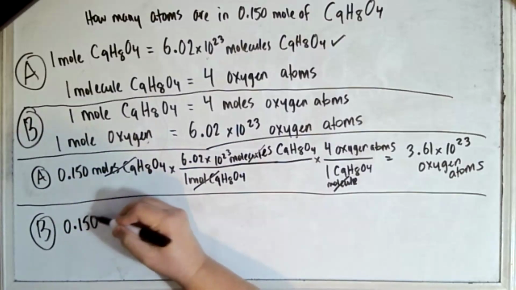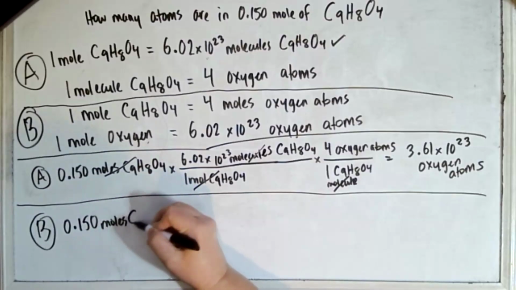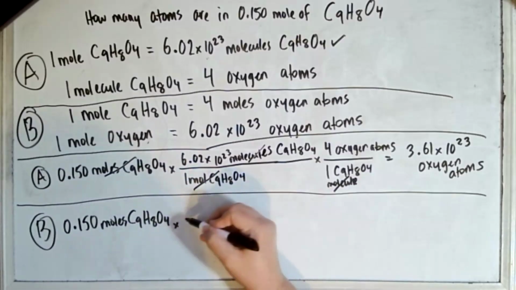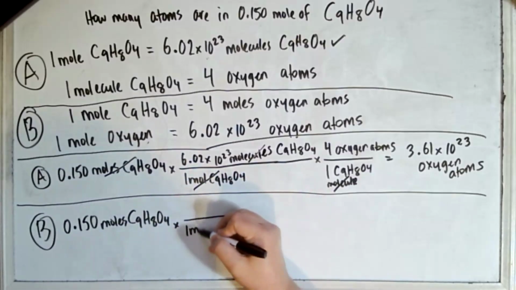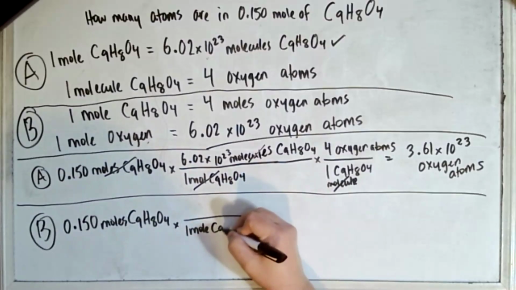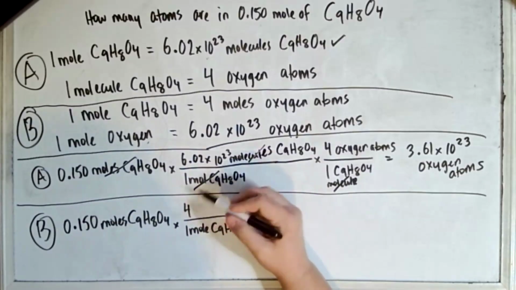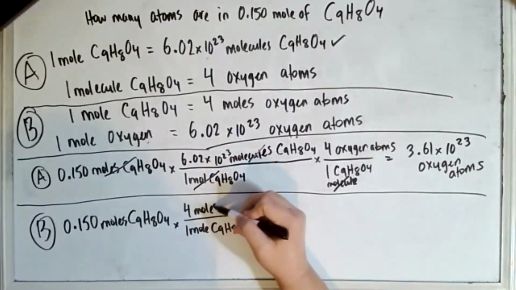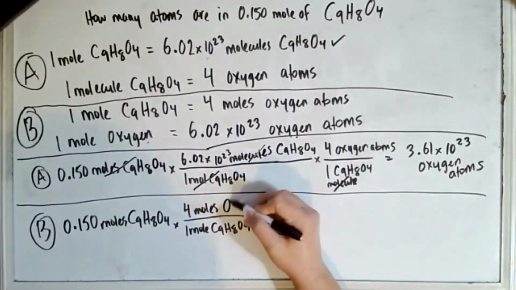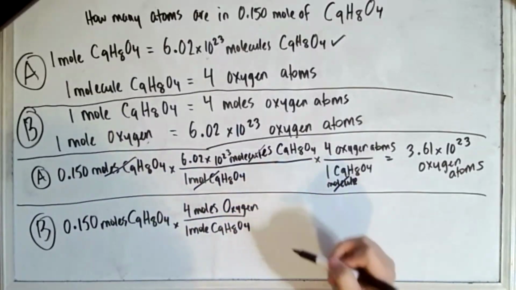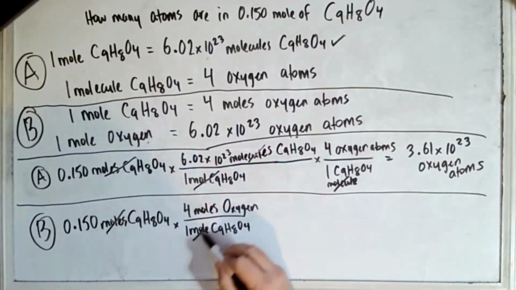So we can start out with our 0.150 moles. And then we can use our relationship saying that every 1 mole of aspirin is 4 moles of oxygen. So our moles will cancel out.